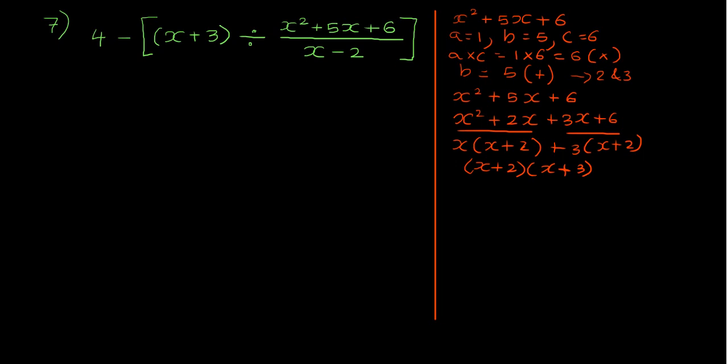So I'm going to start dealing with this bracket now. So that's going to be equal to 4 minus x plus 3, that in brackets, divided by x plus 2 times x plus 3, all of it over x minus 2.